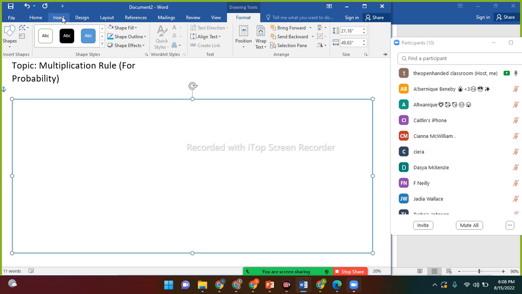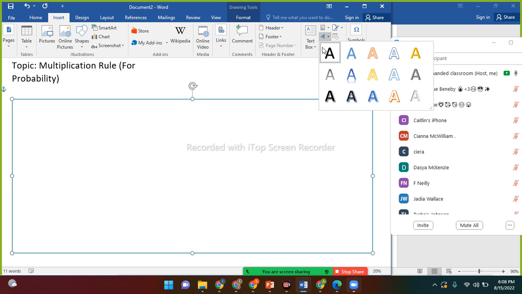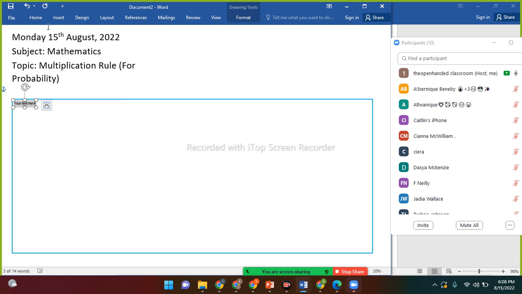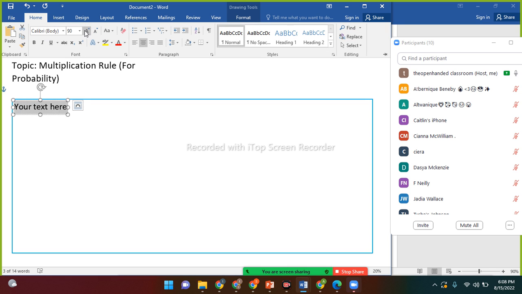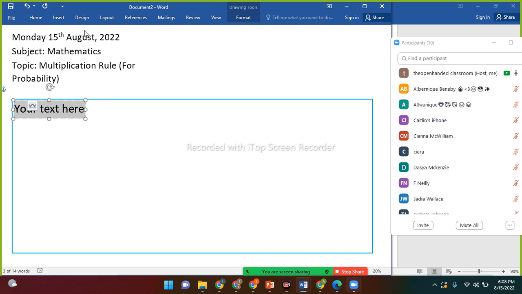Okay, good. So let's increase that. So we're looking at the multiplication rule. In this box, I'm going to be placing the multiplication rule.